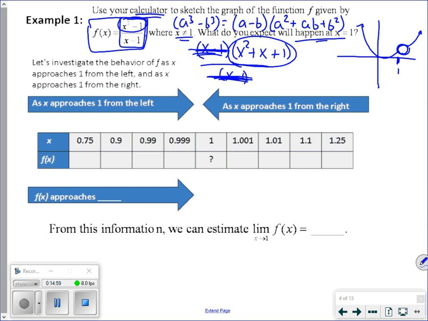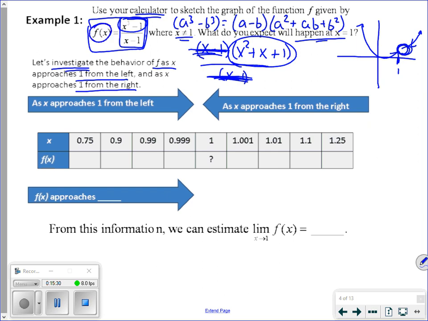Okay? But let's pretend like we didn't know how that works. Let's pretend like we didn't know that was going to be a hole and we didn't know how to factor. Let's pretend like we're just investigating the behavior of f as x is approaching 1 from the left and 1 from the right. So we know that the limit is going to exist because they're converging at the same point from the left and right. But let's pretend like we didn't know that. Okay? So in your calculator, we were going to investigate a little bit.